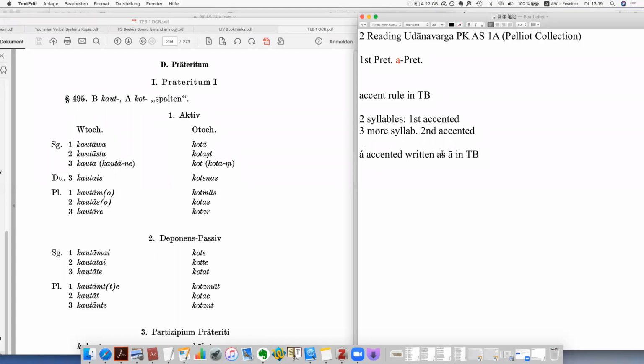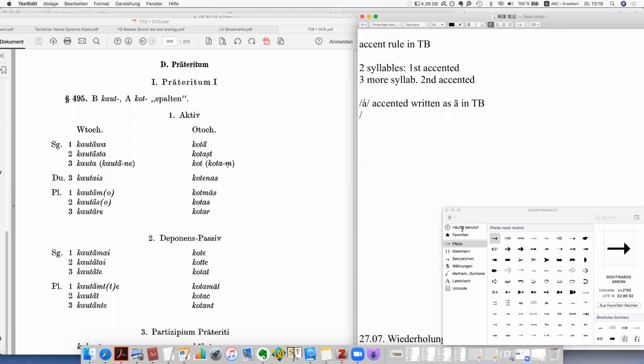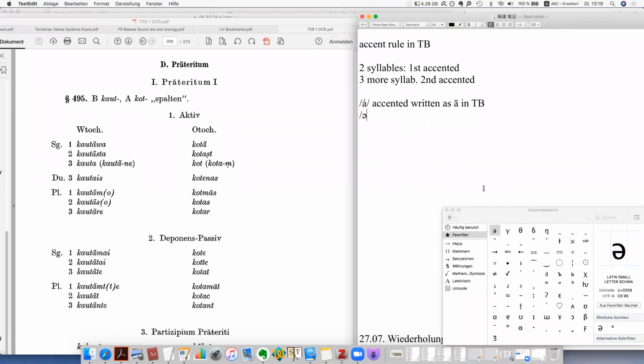To be specific, I have to write it in this way. I know a lot of you already know this, I'm just repeating it. So accented is written as GP. This is a quite basic accent rule. You have to keep it in mind.